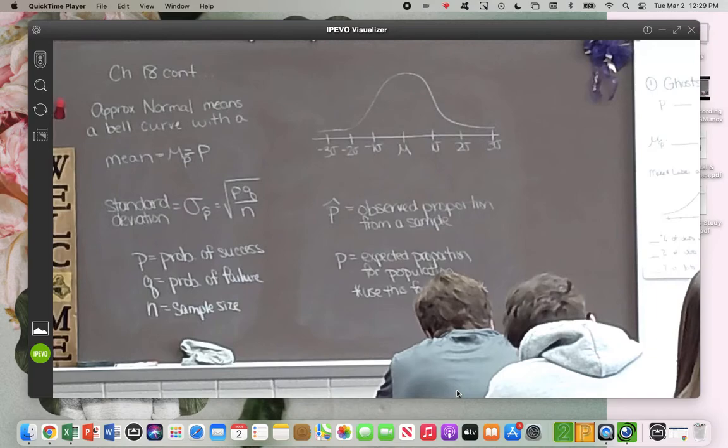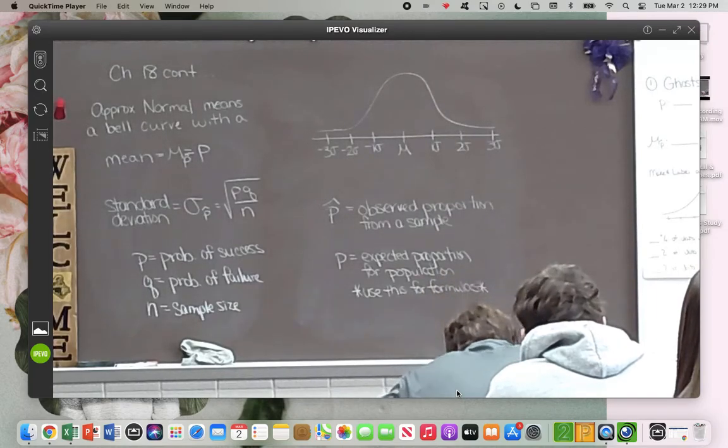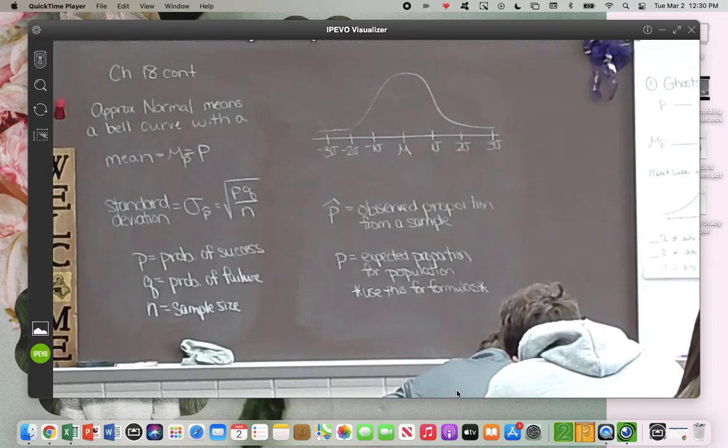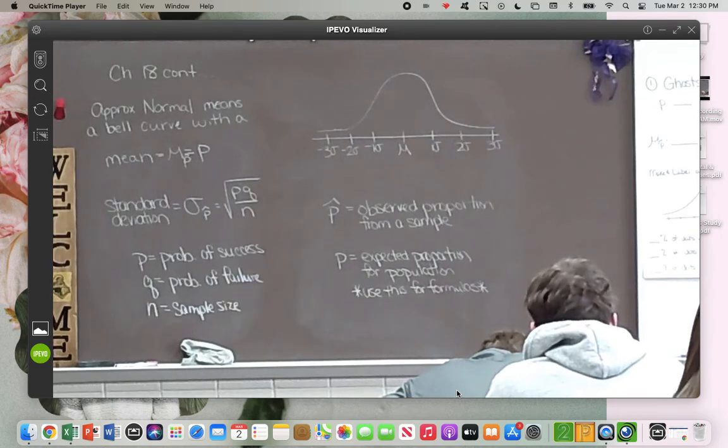So that's why I picked examples from yesterday that we already know the conditions are met, so we don't have to go back and redo those. The mean of a sampling distribution whenever you're working with proportions is just the probability of success.